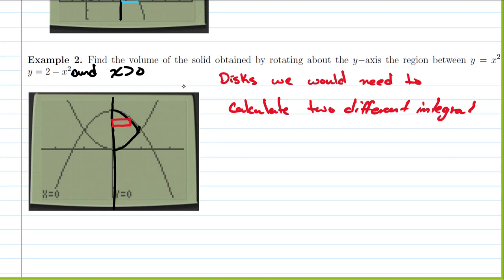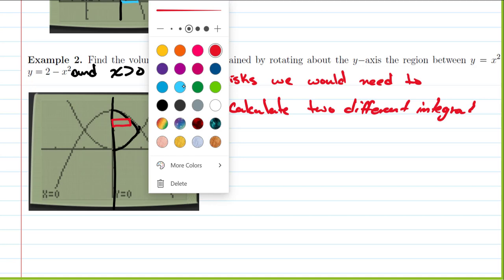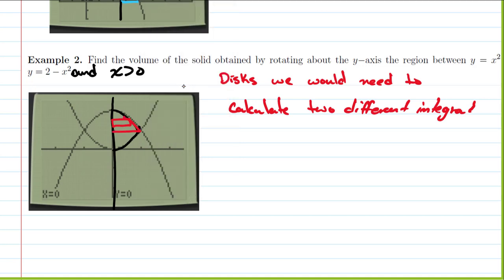Because on this part right here, this would be our curve y. But on this piece down here, we would have a different y, right? So that would be like y1 and y2. And we would have to actually calculate 2 different integrals to do it that way.